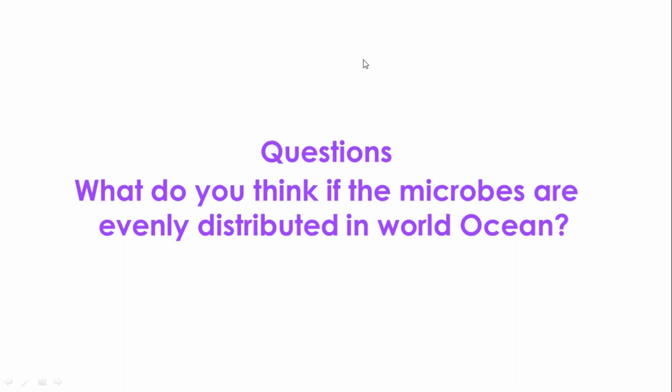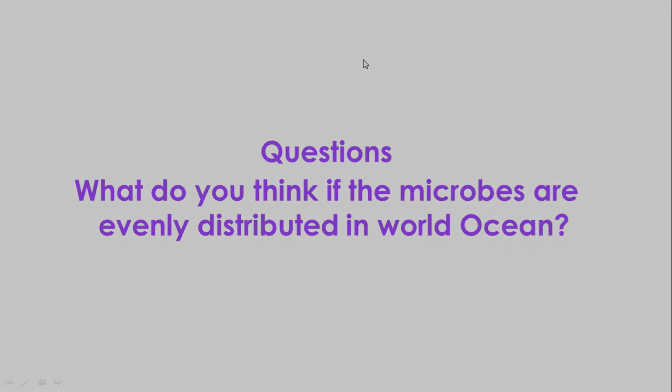But again, most of the current systems and most of the waves, and we have seen a lot of physical activities in the sea, can bring the microbes from one part to another. And again, we have to keep in mind that there are microbes which are adapted to certain conditions, right?